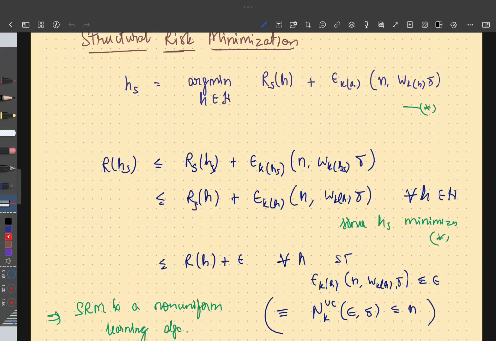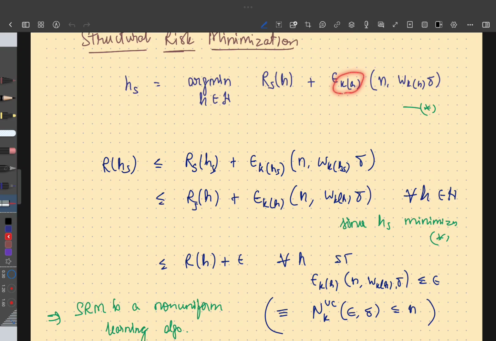So for every function there is one such thing. For every h in your hypothesis class, you have this quantity, which really depends on k, which subclass it belongs to. So effectively, this quantity is purely dependent on the subclass.